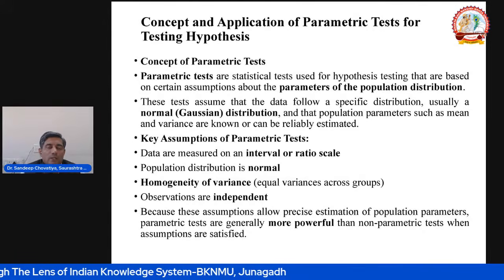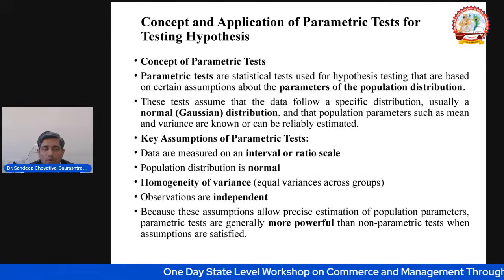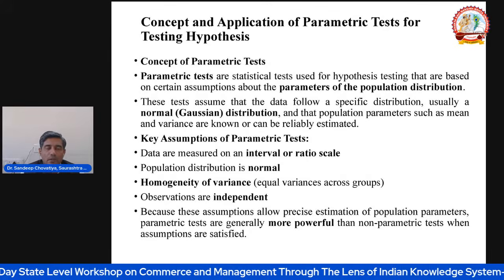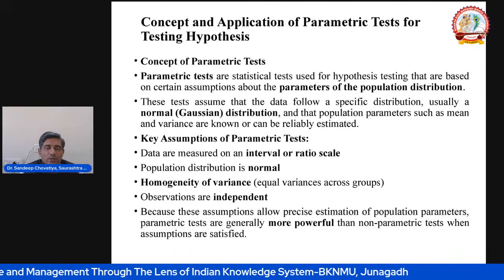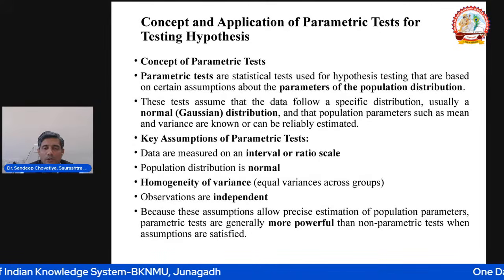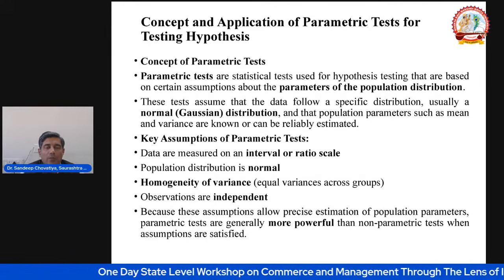Other key features of the parametric test are homogeneity of variance, or equal variance across the groups, and that the observations are independent, not dependent on each other. Because these assumptions allow precise estimation of population parameters, parametric tests are generally more powerful than non-parametric tests when assumptions are satisfied.